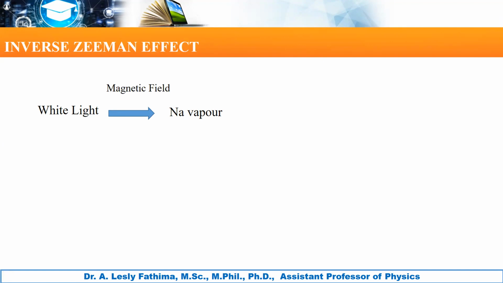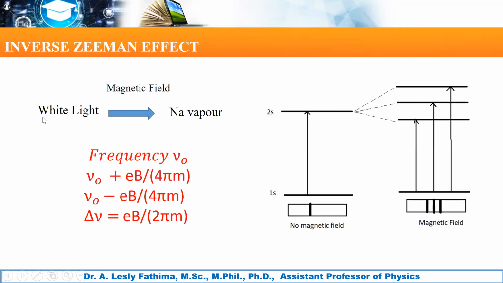After the introduction of the magnetic field, there will be Zeeman splitting of the frequency nu zero, and there will be two resonant frequencies, nu zero plus eB by 4 pi m and nu zero minus eB by 4 pi m. As a result, there will be two refractive indices, one outside this region and one inside this region, delta nu.